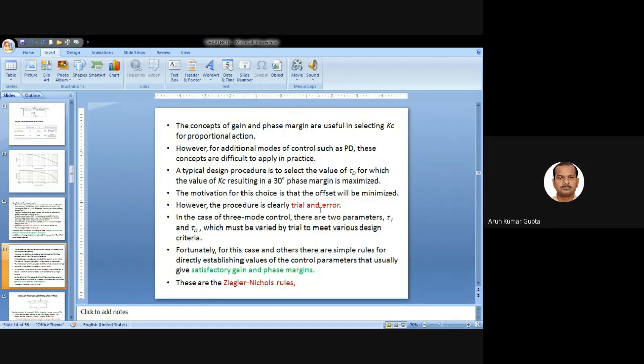Mostly, as we discussed, for the proportional controller we generally get the values, and mostly this is by the trial and error method. In the case of a proportional controller, because we have one parameter, we can simply solve it by the Bode criteria. But if you have a PD, then the calculation is mostly trial and error.